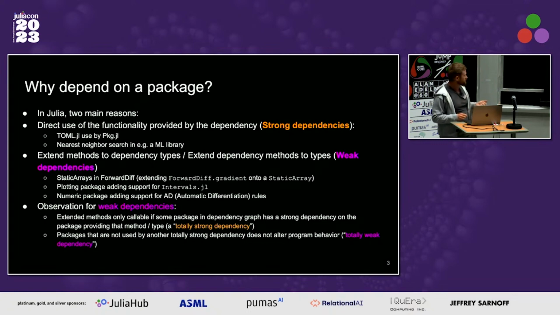So one observation for these weak dependencies is that these extended methods can only be called if some other package has a strong dependency on that one. Someone has to actually use that thing in the end, otherwise it's not used. So if we have a package that's not used by any other strong dependency, then it's not actually used at all in your program and it's not needed.